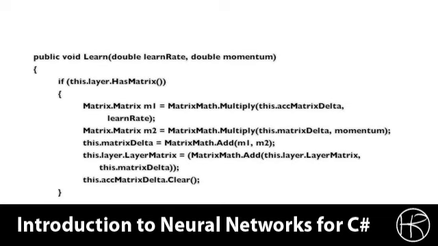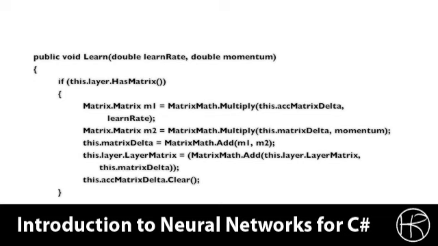And here we see how we update the weight matrix. You notice that you have M1 and M2. M1 holds the effect that the deltas are going to have on the weight matrix. You can see that M1 is calculated by multiplying the deltas that we previously calculated by the learn rate. You can see that M2 determines the amount of effect that matrix delta, which is the previous learning iteration, is going to have.